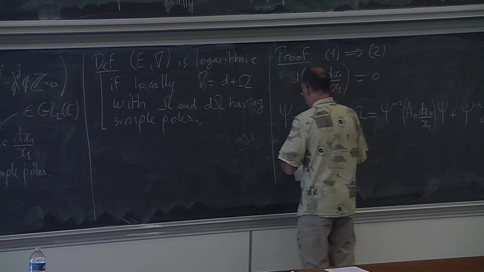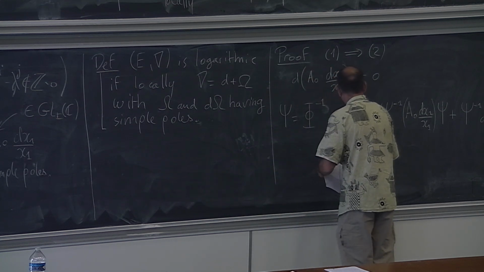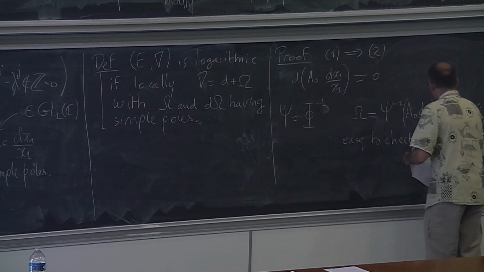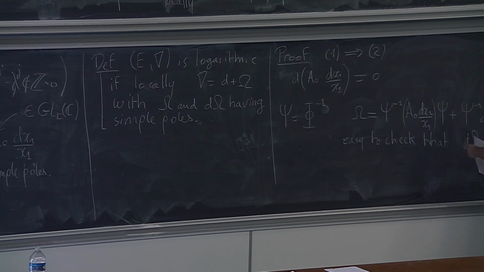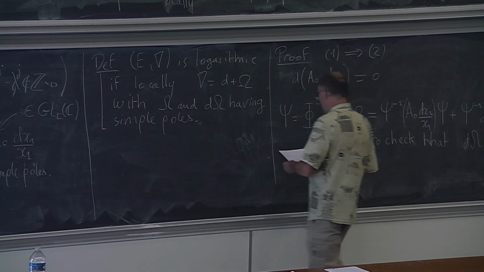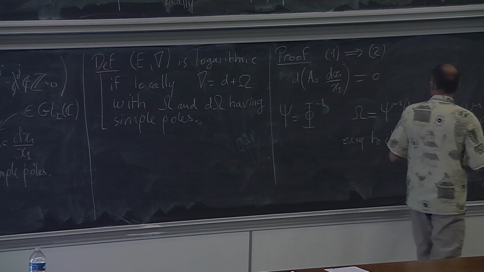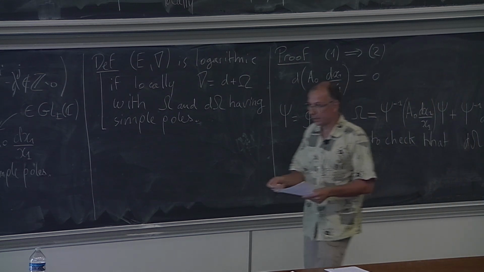And then from this, it is easy to check that d omega has simple poles. When you differentiate, you have to check, it is an exercise.